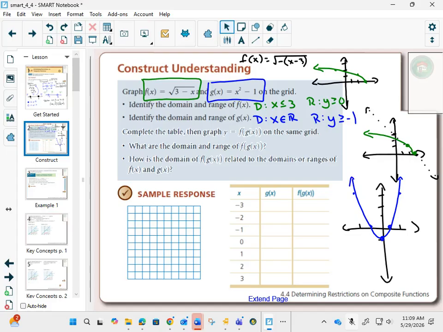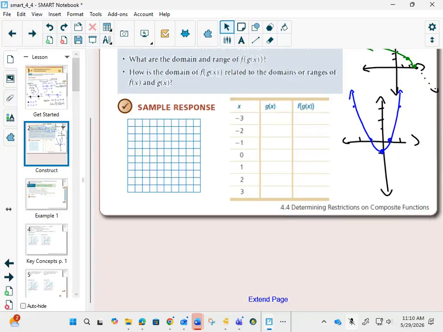So that's a good review of some of our previous chapters. But now we're going to do the composition. We're going to do f of g of x on the same graph and see if we can figure out the domain of f of g of x, and we're going to see if we can figure out what's the best way to calculate these things.